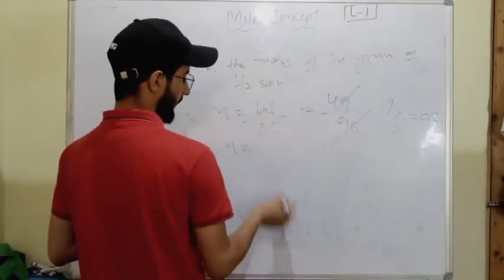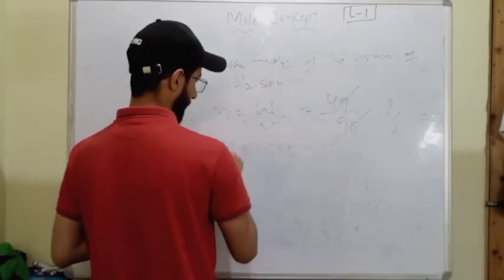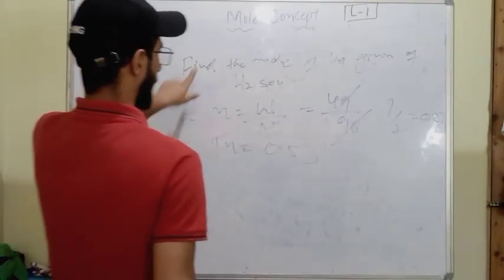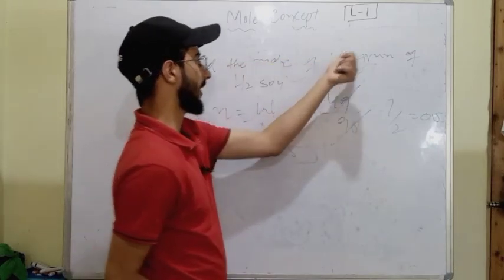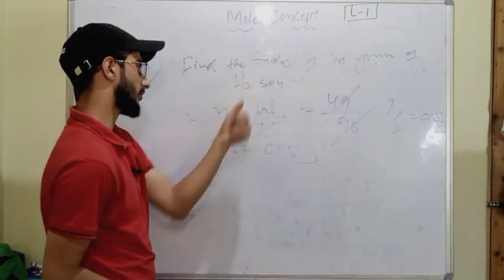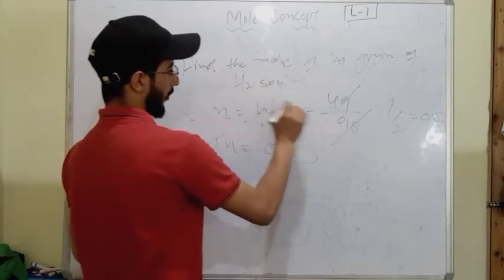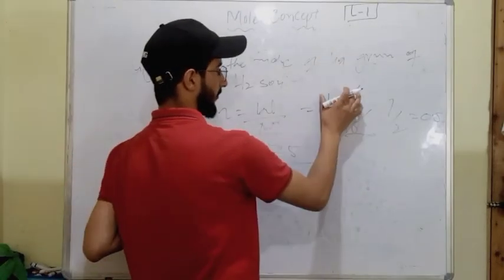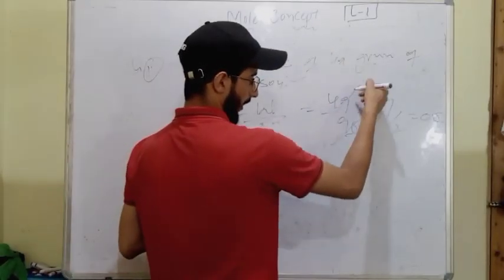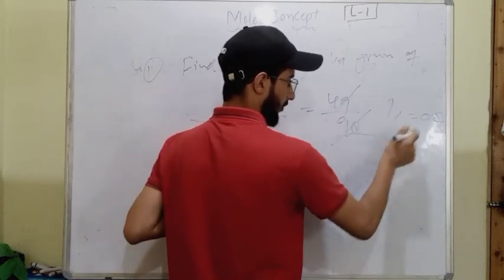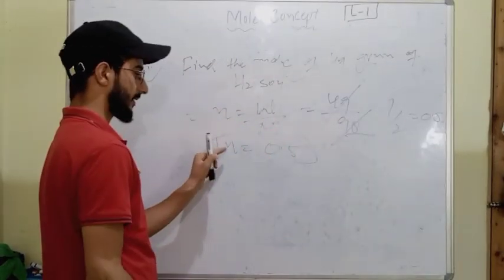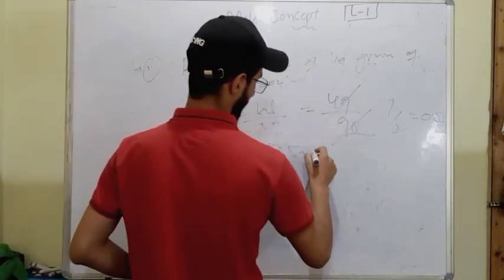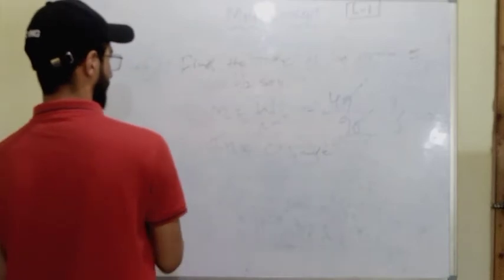So the number of moles n is equal to 0.5 moles.